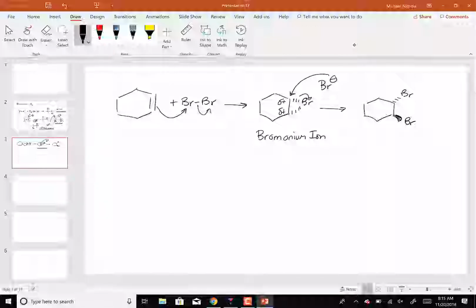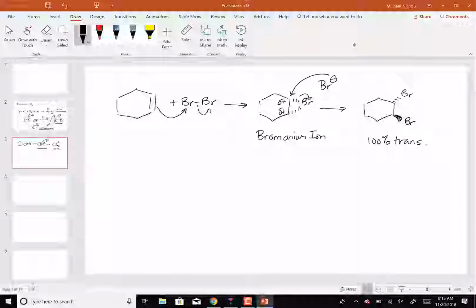So they have to be on opposite wedges in order to form that 100% trans product. So this is 100% trans.